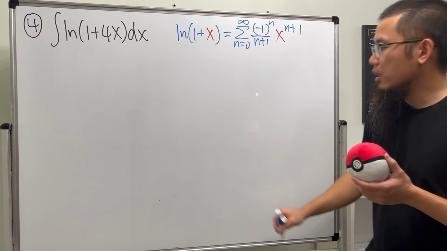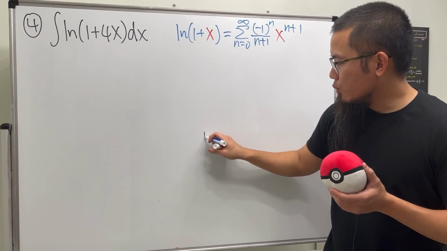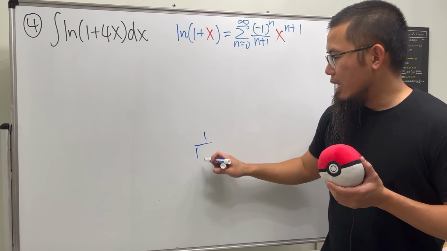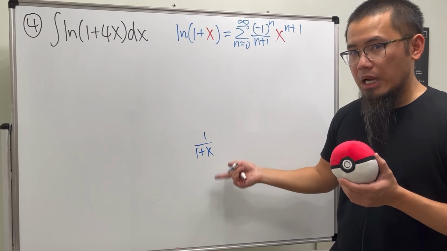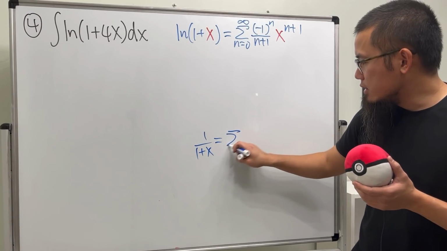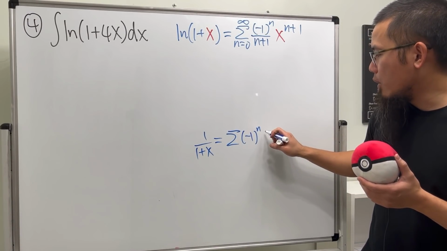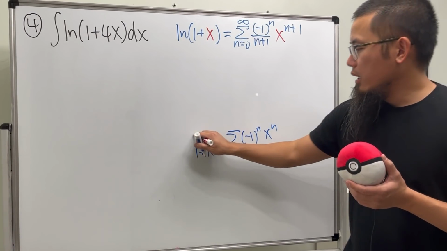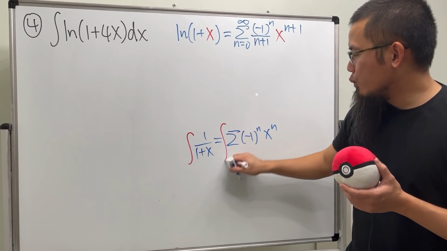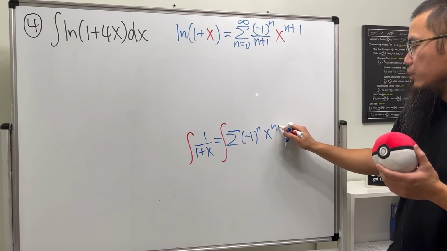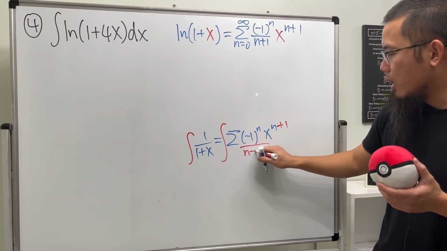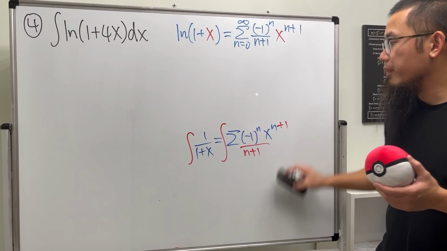Yeah, that's pretty much it. So remember, the best friend is 1 over 1 minus x. And when we have the plus right here, this is the alternating version, we get the series of -1 raised to the nth power x to the n. Integrating this, we get that, and integrating this, we will get that. And you see, we can just add 1, divide by the new power, and that's it.